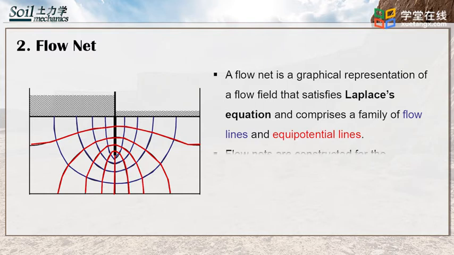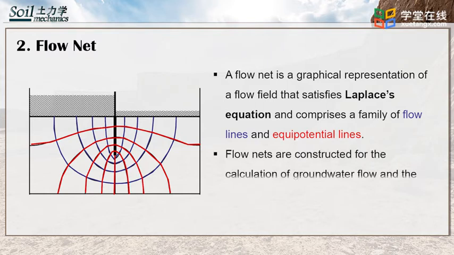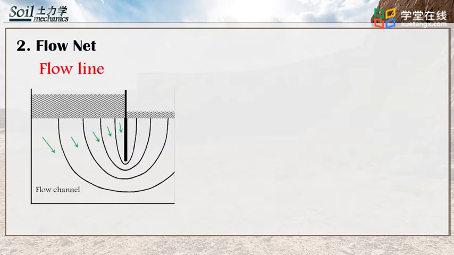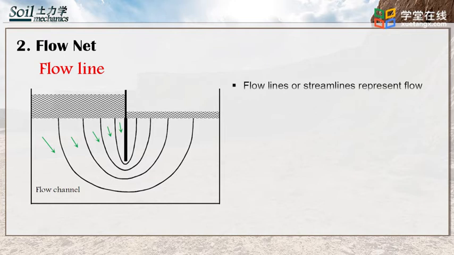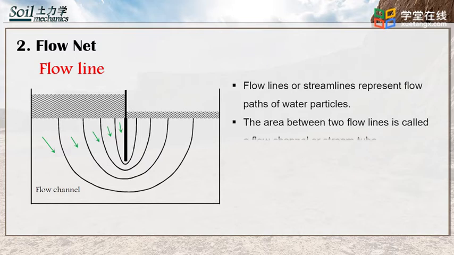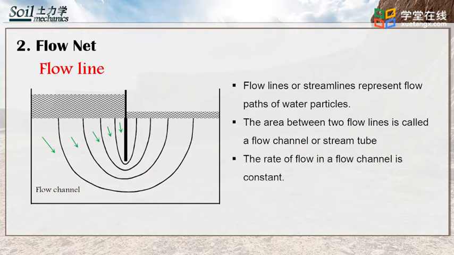Flow nets are constructed for the calculation of groundwater flow and evaluation of heads in the soil mass. As shown in the figure, the flow lines or streamlines represent flow paths of water particles. The area between two flow lines is called the flow channel or stream tube, and the rate of flow in the flow channel is constant. Meanwhile, the flow can't occur across the flow lines.